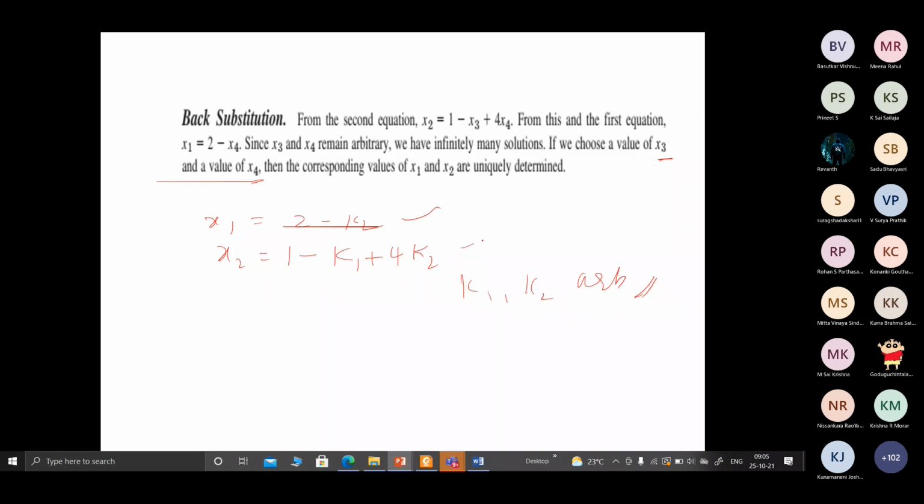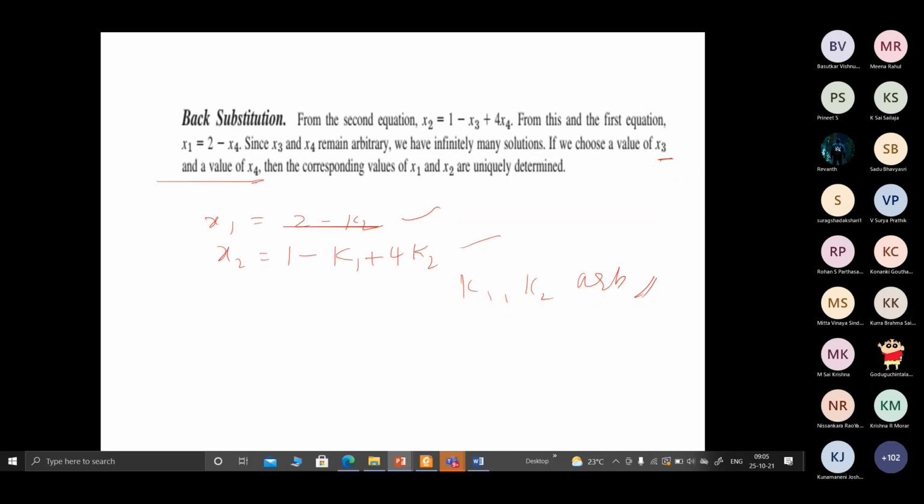Infinitely many solutions. In fact, it will be a plane, because you have 2 arbitrary constants. The solution will be a plane, not passing through the origin. That's the idea. Is that clear? You can choose any values.